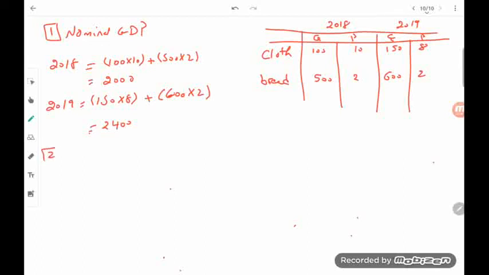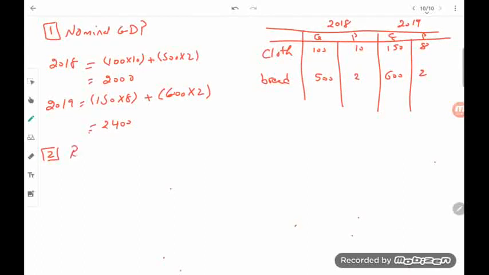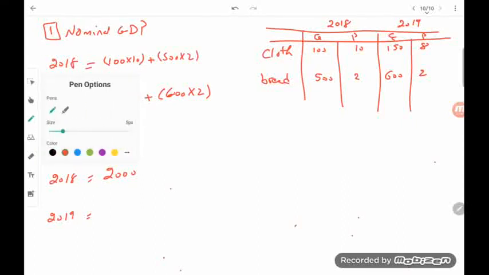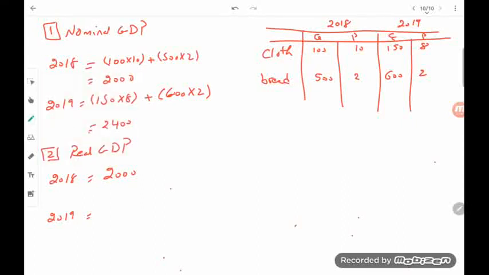Number 2, we have to calculate real GDP for year 2018 and 2019. Without any calculation, we know that real GDP for the base year, which is 2018, is always equivalent to nominal GDP, so it will be 2,000. And now we have to calculate real GDP for year 2019.